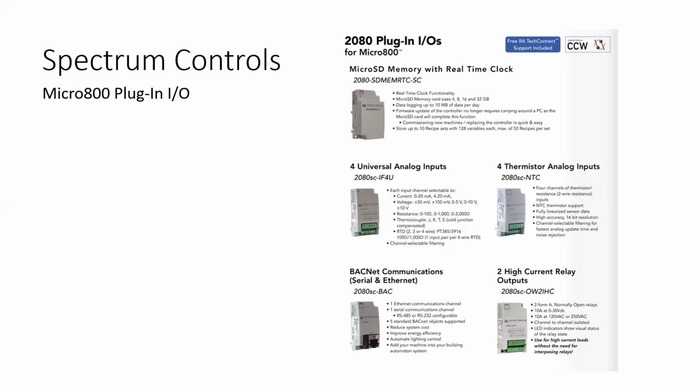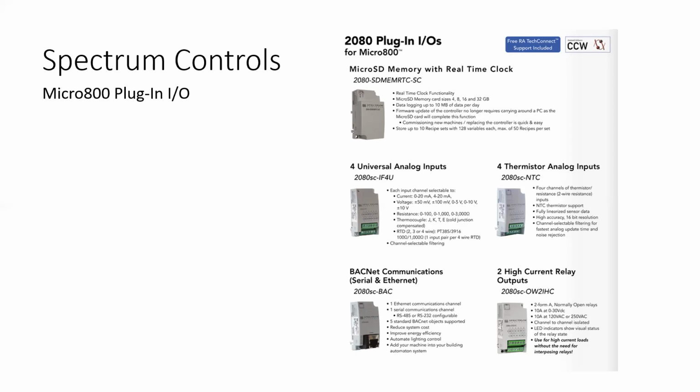On the plugins from Spectrum, you can have a 4 universal analog input, 4 thermistor analog inputs, BACnet communication that's serial or Ethernet, and then 2 high current relay outputs, up to 10 amps at 24 volt DC. That's pretty interesting for a small micro like that.